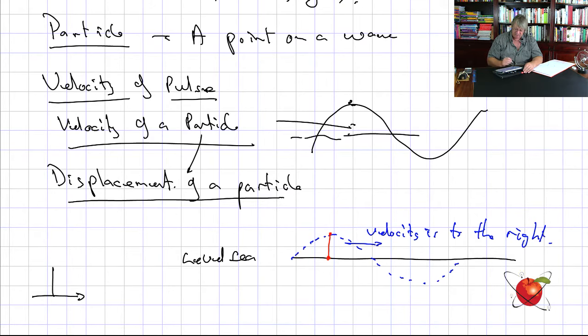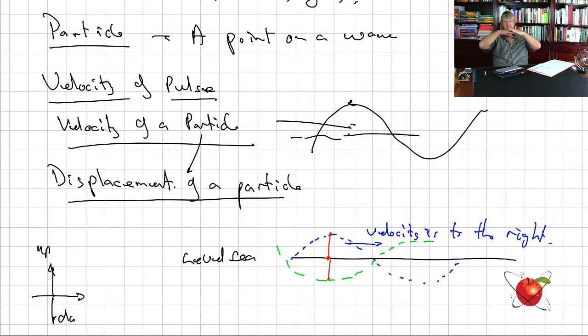There's the direction. There's me going up and down. Because what happens when this wave has passed and the next wave comes and it's down here? Right? Where am I? I have gone down. Right? So the wave passes me. I go up to the top, down to the bottom. Up to the top, down to the bottom.